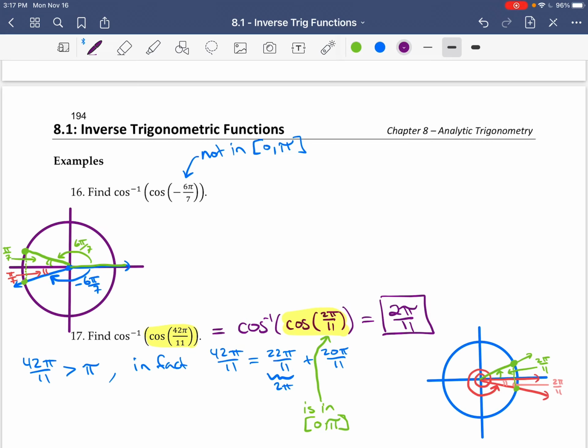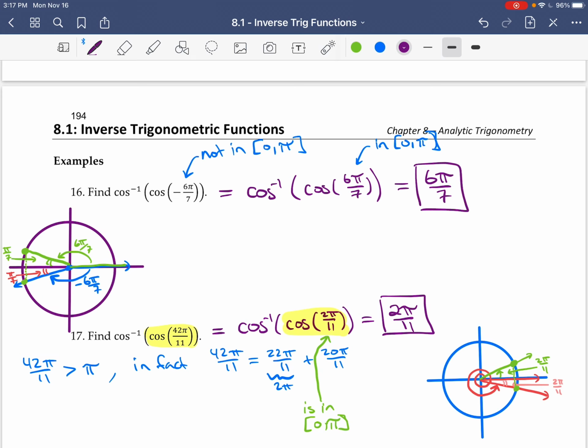You could also do that because cosine is an even function, so this is equal to cosine inverse of cosine of positive 6 pi over 7, because those are equal. Now this is in the interval, in the domain 0 to pi. So they cancel and I get 6 pi over 7 as my answer. So if you're not in the domain, you just want to find the angle that has the same cosine value.